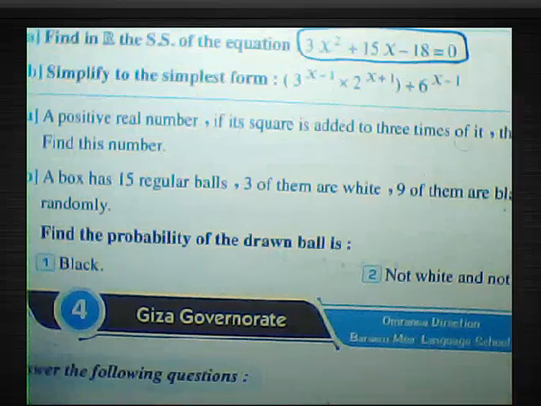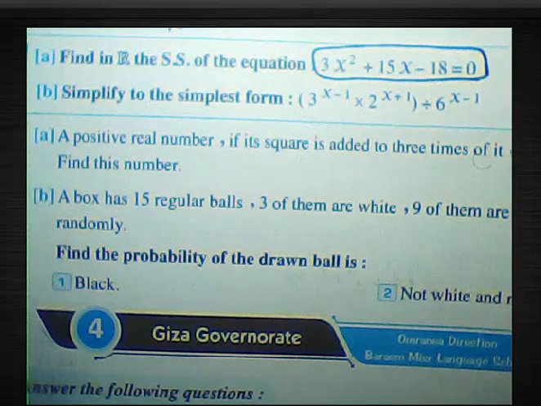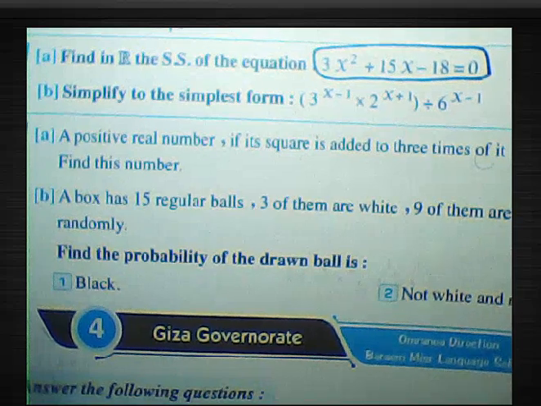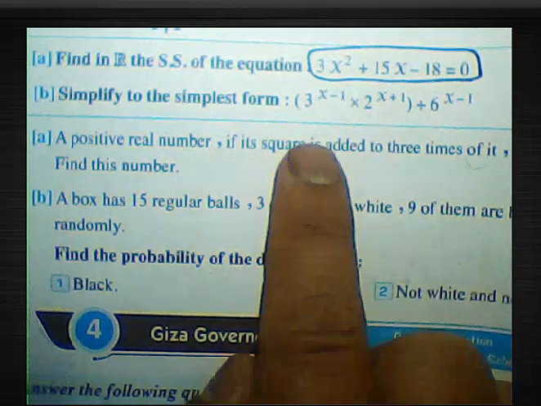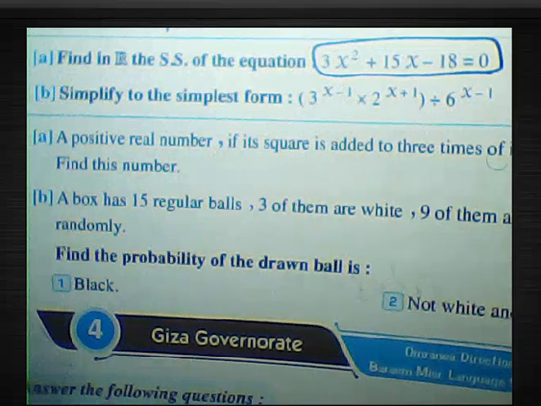Okay, question number 4, letter B. Simplify to the simplest form this expression.